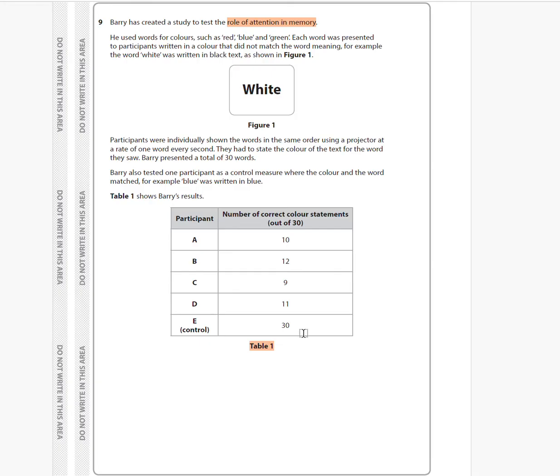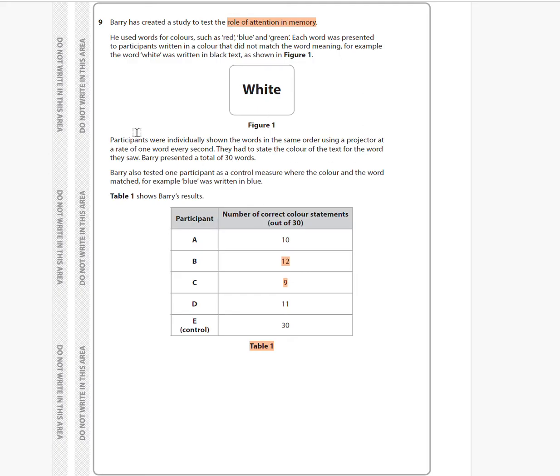That people can state a colour. But then here, you will see whatever condition C is, they didn't do as well as they did in condition B. And actually, I can tell that the difference there is 3. 3 out of 30 is 10%. So I would be saying participants in B scored 10% higher than condition C. That's our identify. And then justify, you're going to say, well, what does that mean for the real world?